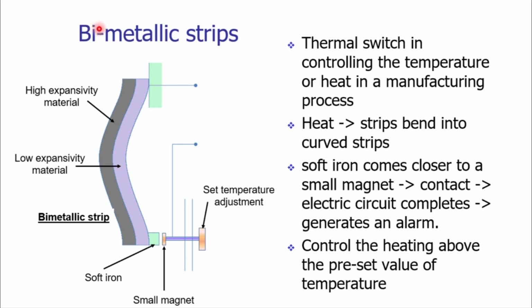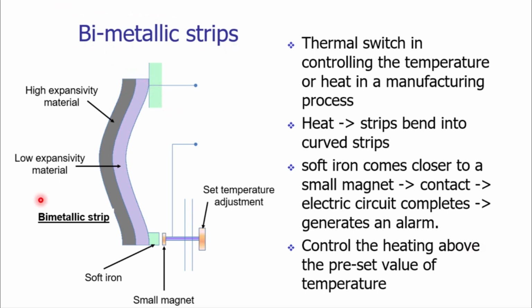The liquefied metal will be utilized for the casting operation, but we want controlled heating of this material. Excessive heating may burn the material or may be hazardous to the entire system. To control the heating, we need to cut off the electric supply to the furnace. For that purpose, the bimetallic strips would be useful.